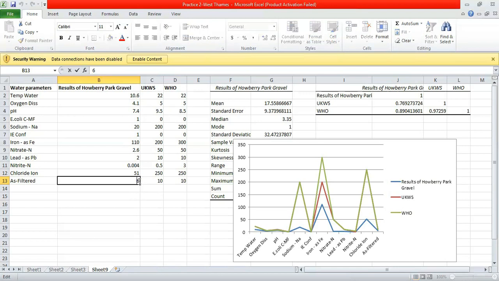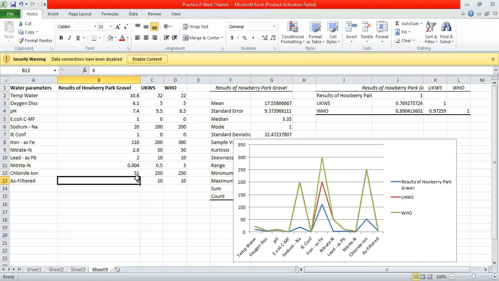So if we have 6, somebody might consume a water source, for example, this Howberry, which has an arsenic level of 6, and that person gets sick, while some other person might consume this water and not get sick.